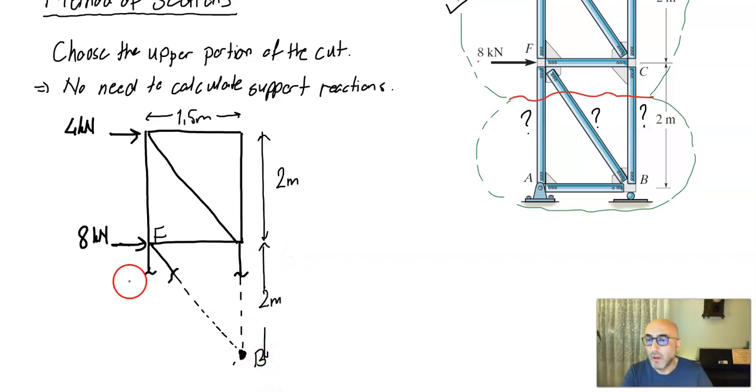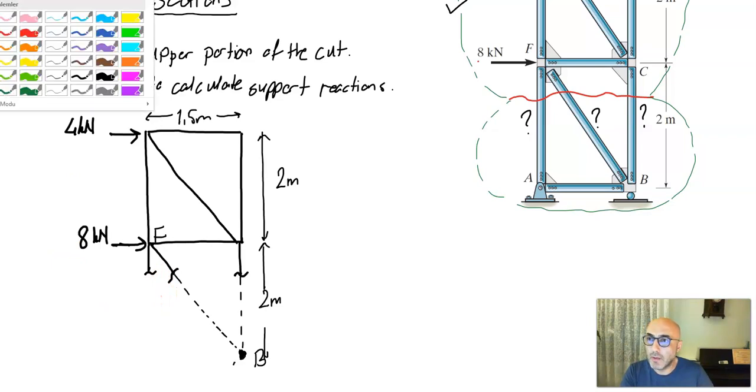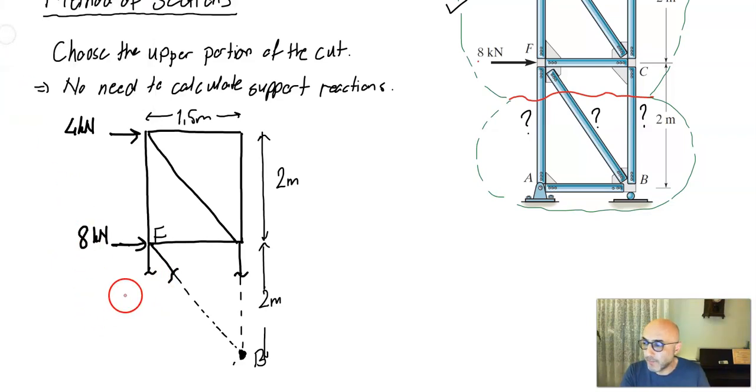Right, and what else? So we need to write the unknown forces on the member. Let's give this cut a name. Let's say this is cut AA. So we're talking about a cut here, AA cut, and we have these forces applied on these members.